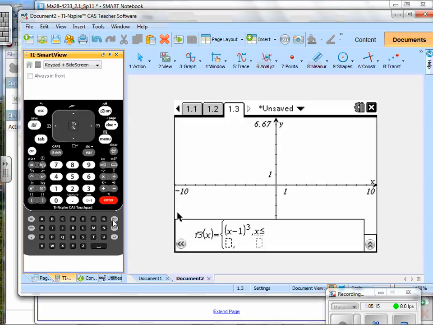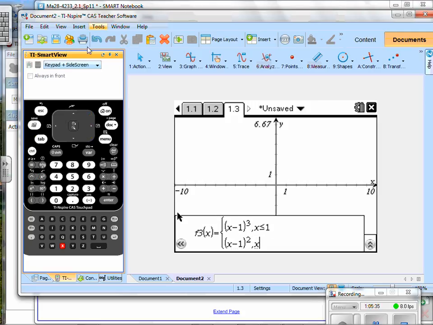So we want x less than or equal to 1, and then just tab, and the next one is the same binomial, x minus 1, but now we're just going to square it, and then tab, and we're going to say x.